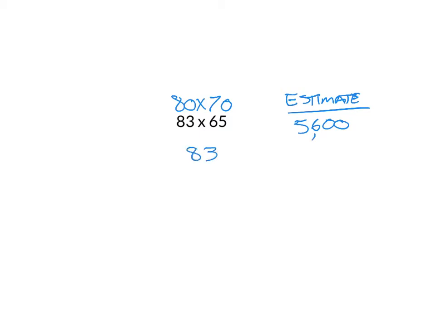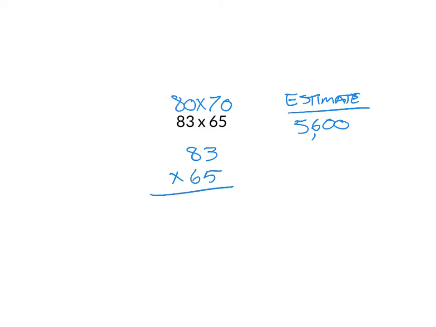Let's try another one. 83 times 65. Again, let's start with an estimate. So I'm going to go 80 times 70. I know that 80 times 7, so 8 times 7 is 56. Add the 2 zeros. My estimate's 5,600. Well, let's figure out what it is actually.